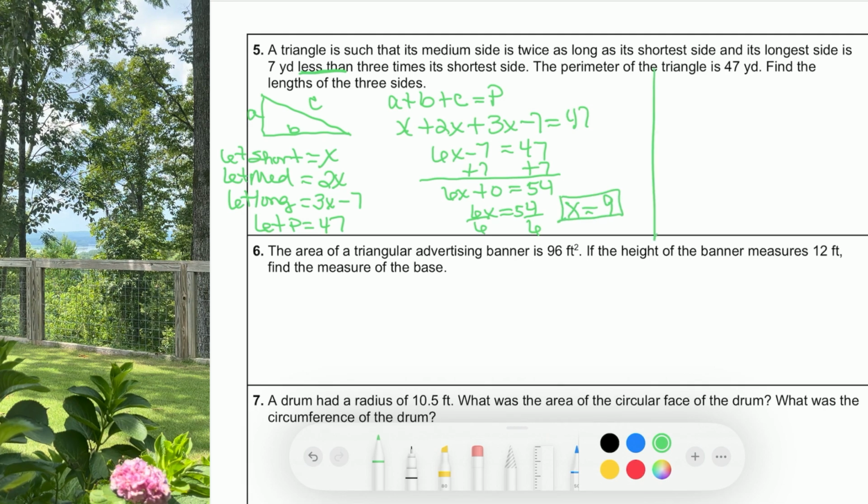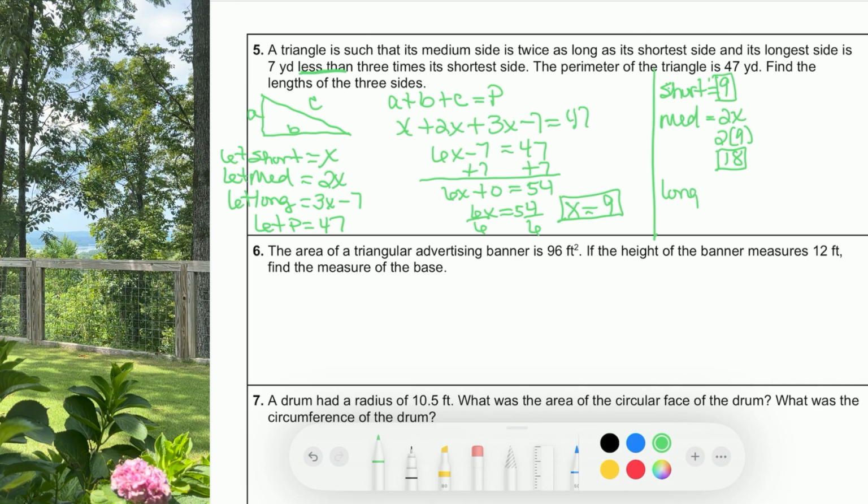Now we need to find the other 2 sides. We know our short side is 9 now. So let me write short side. So short equals 9. Medium equals 2X. So I'm going to plug in that 9 and get 18.